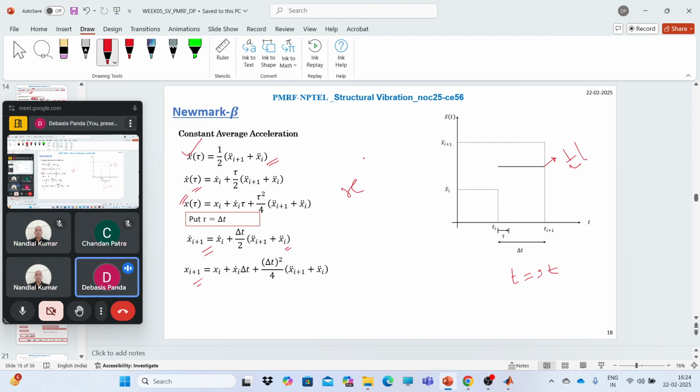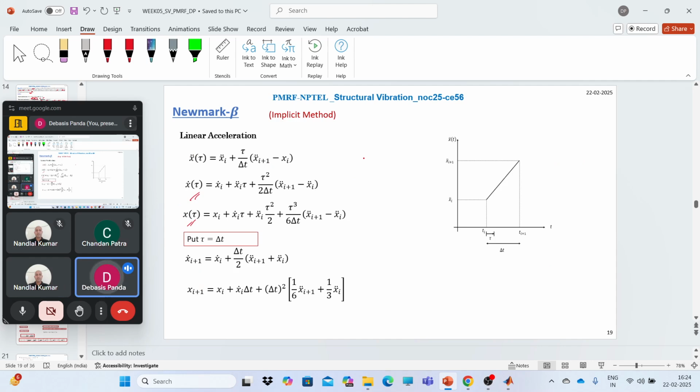Okay, then I understood, sir. Yes, because for the next time step, if you want to find it, obviously you need to integrate it and consider the i+1 time step, not the i time step, right? Okay, sir. I'll provide that entire document on how I get it.